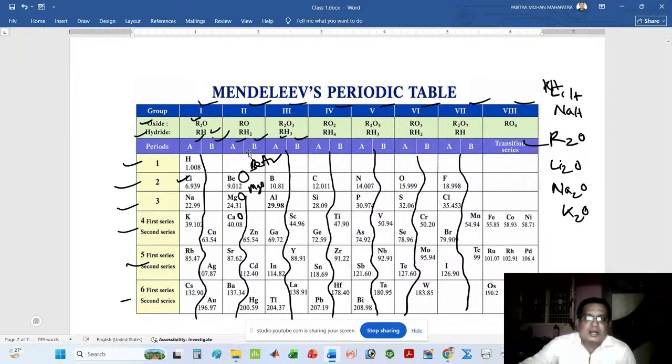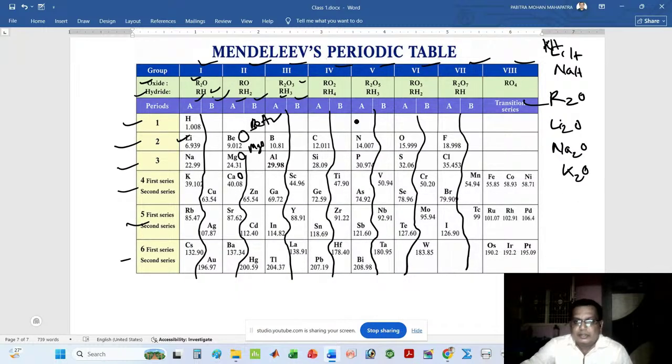Similarly, think about group III: the oxide is R2O3. Obviously, you can write B2O3, Al2O3, like this. The hydride is RH3, for example BH3. Clear? So here RH3 is given.